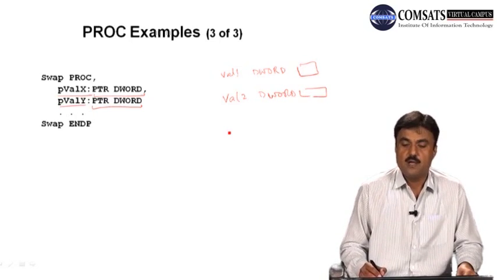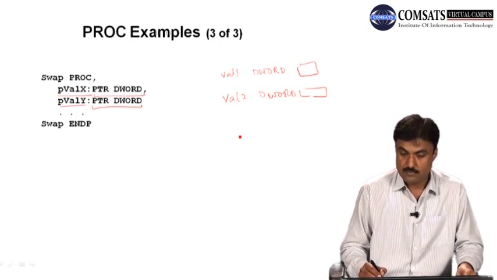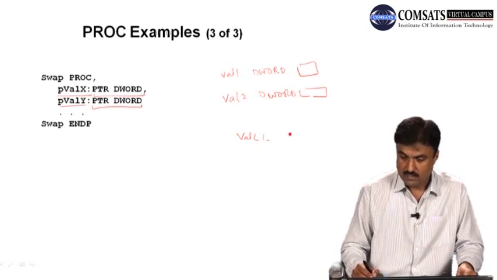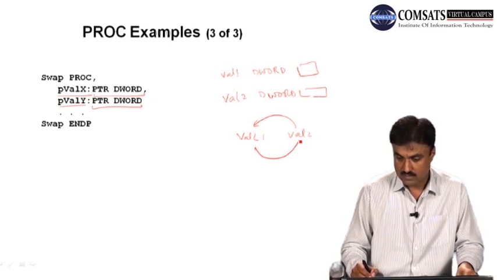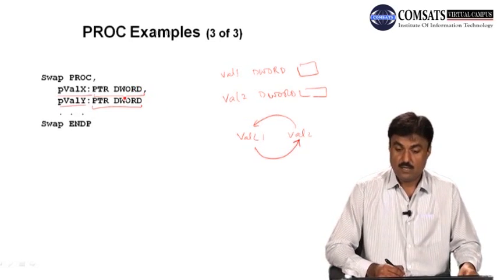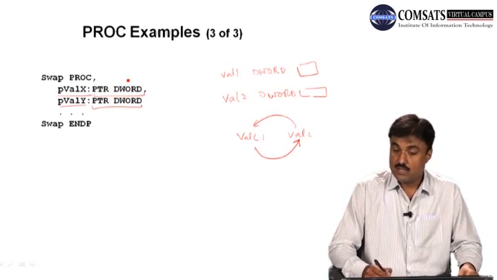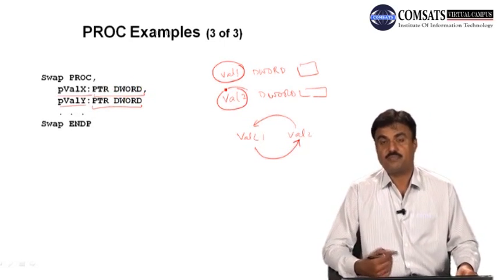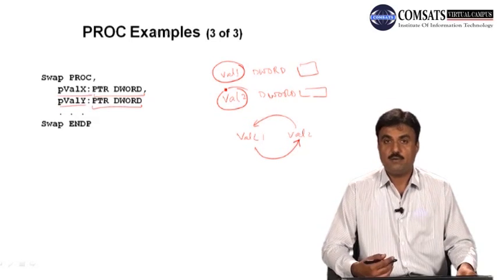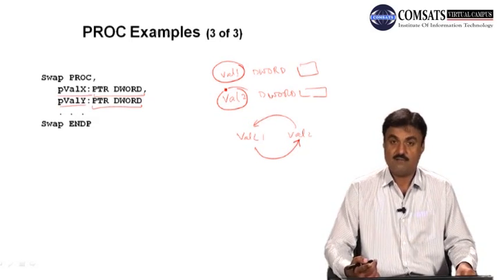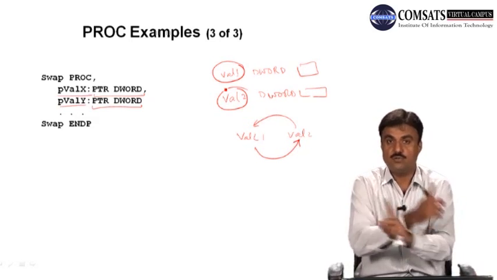Now we want to swap the values of val1 and val2, so val1 goes into val2 and val2 into val1. Instead of using the real values, we need the addresses, the actual memory locations where val1 and val2 are stored, so that we can change those values.